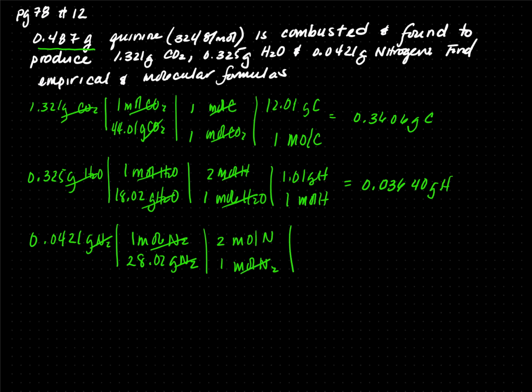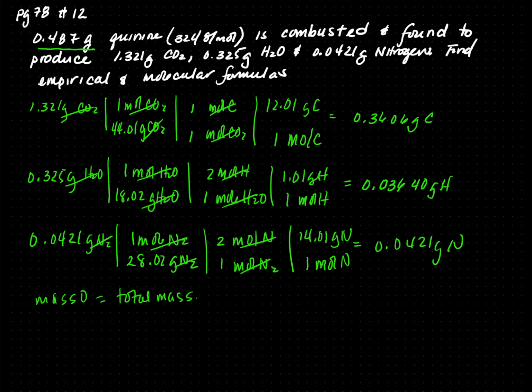Continue on, moles of nitrogen. 1 mole is 14.01 grams of nitrogen. So multiply out the numerator, multiply out the denominator, and divide, and this will equal 0.0421 grams of nitrogen.